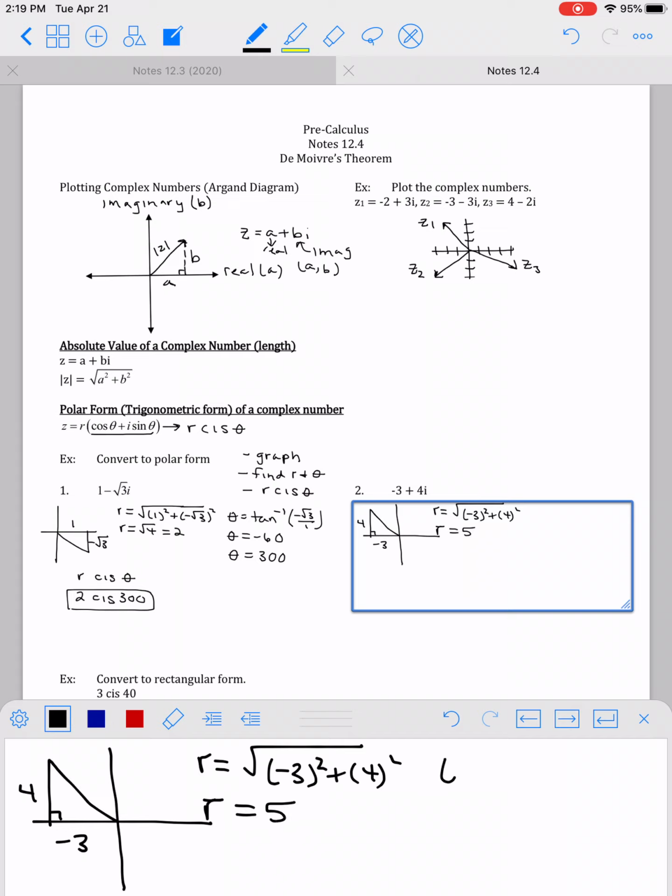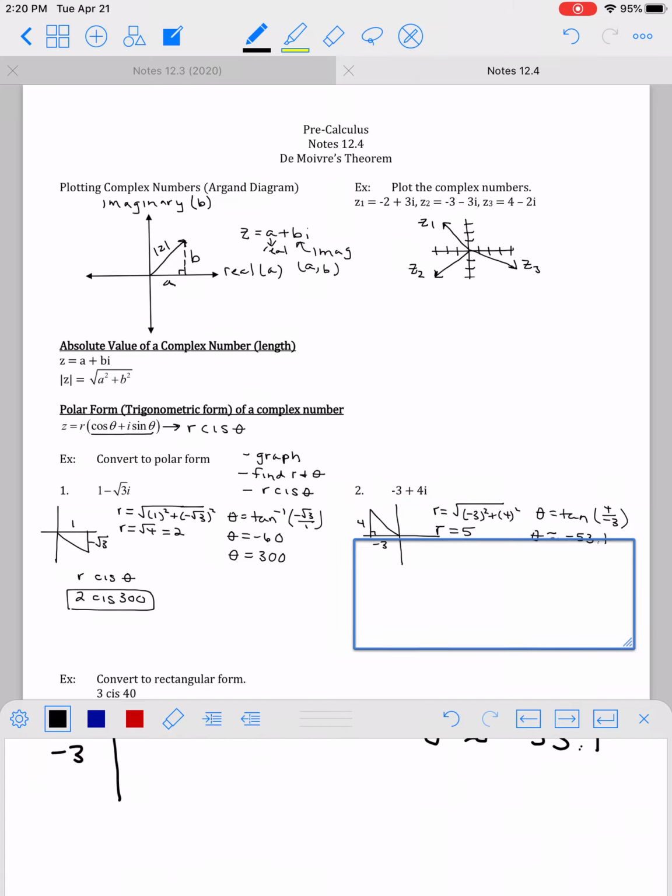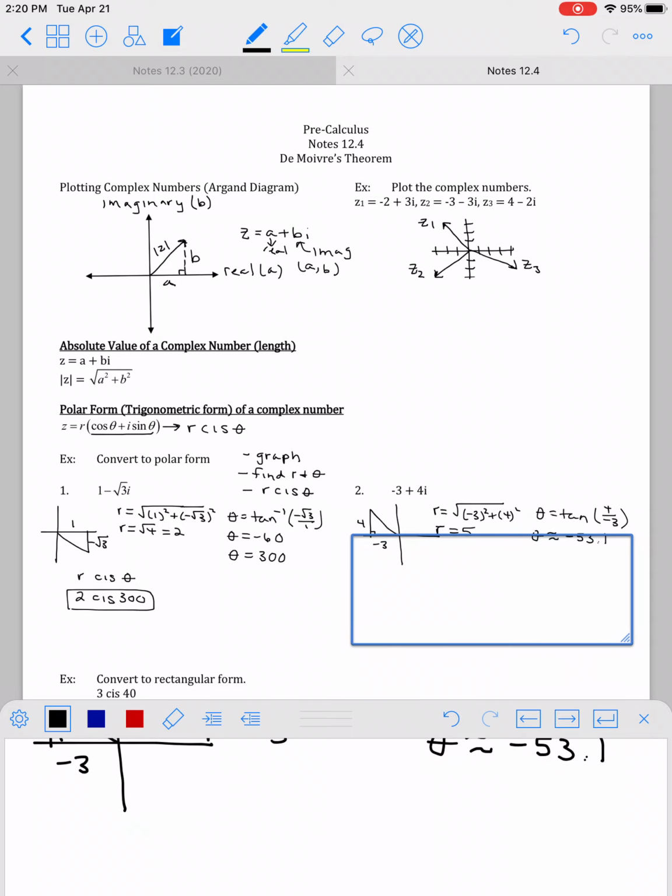Now when we go to find the angle, inverse tangent of 4 over -3. Now this one is not on the trig sheet, so when we go to the calculator to find our angle, we're going to get negative 53.1. Now we've got a couple problems. One, that's not between 0 and 360, and two, it is not in quadrant number 2.